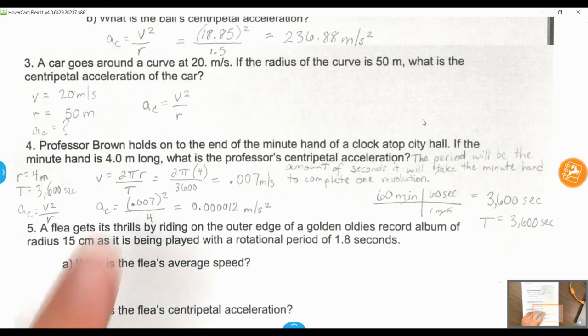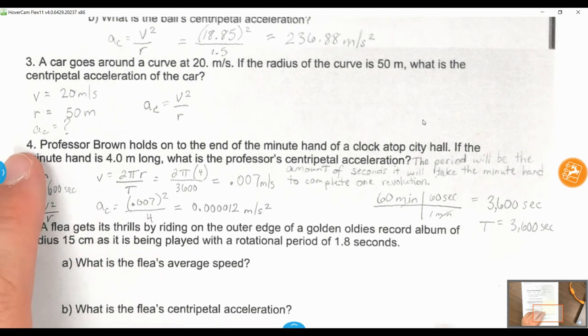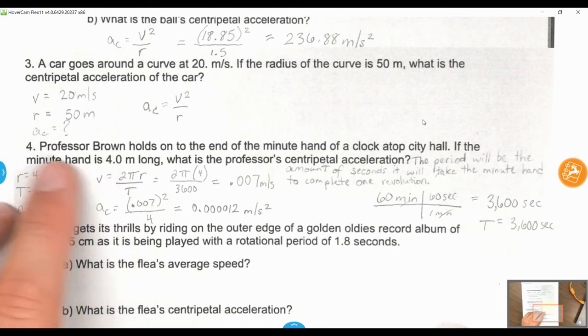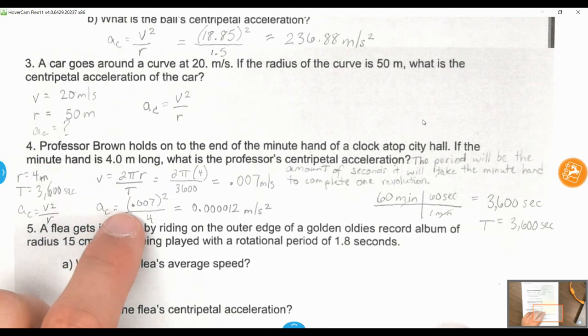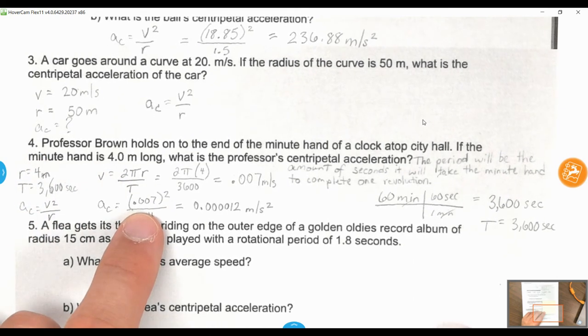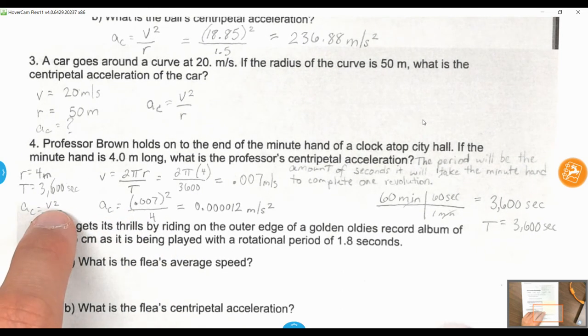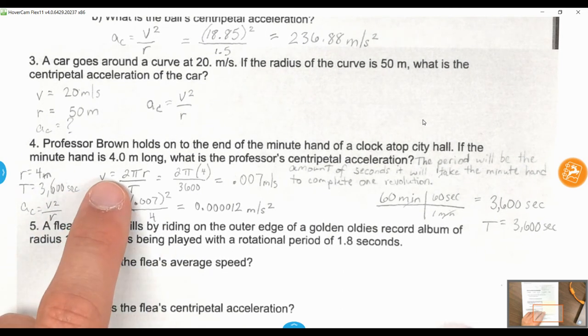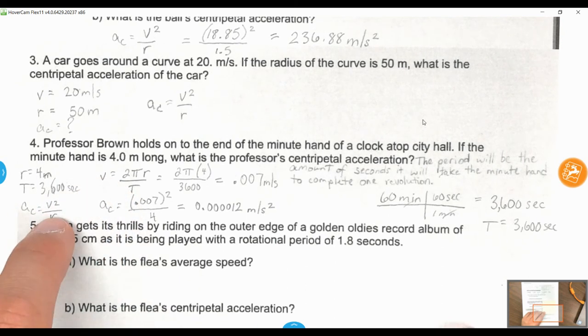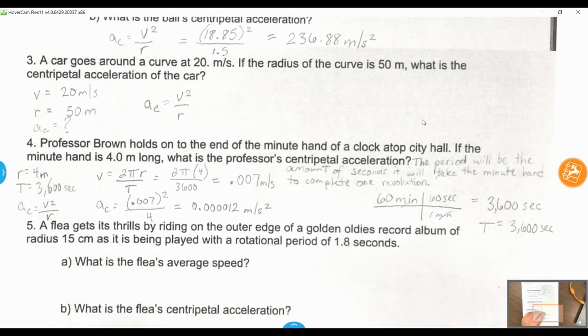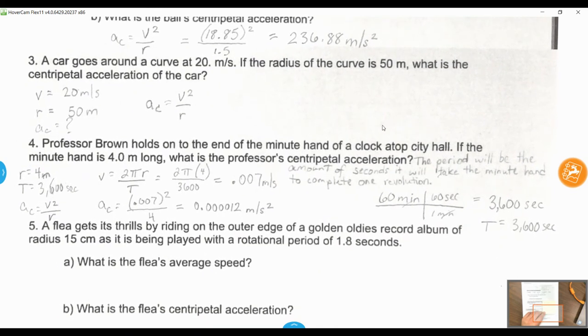This would be like 4a, solve for the velocity. 4b, solve for the acceleration. Instead of just saying solve for the acceleration, and then you're like, well, I don't have all of this stuff. I'm telling you, solve for the velocity first, because you're going to need that to solve for part B. So it's a little bit more guided in that sense.